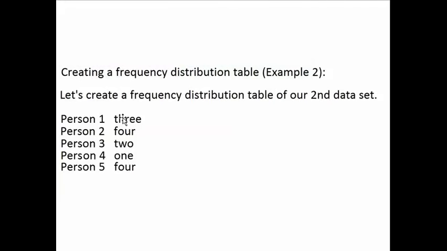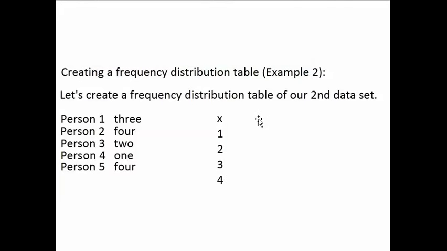These are the 5 answers that they gave. If we want to create a frequency distribution table, we have to start by creating the X column, which shows all of the different values that appeared. In this data set, we have a 1, a 2, a 3, and a 4. So that's why these 4 numbers are in the X column.